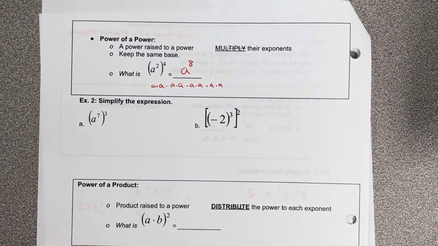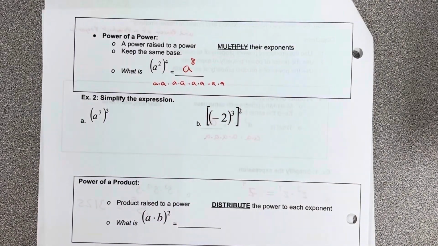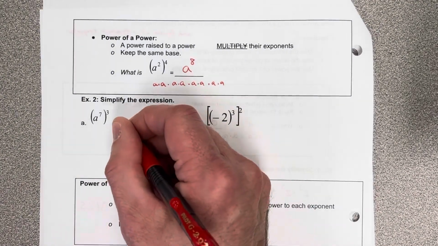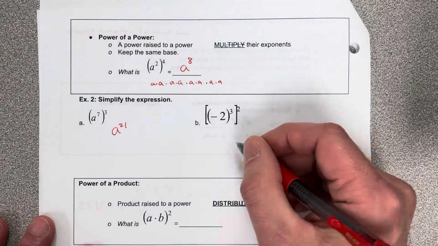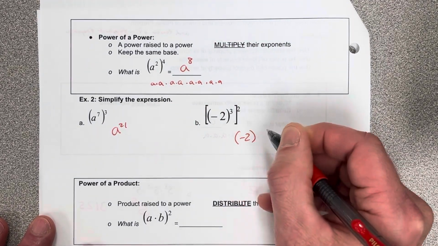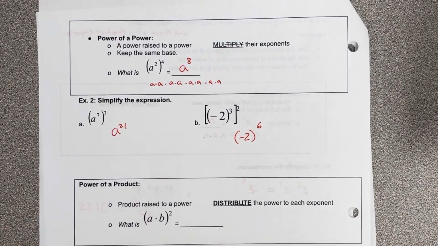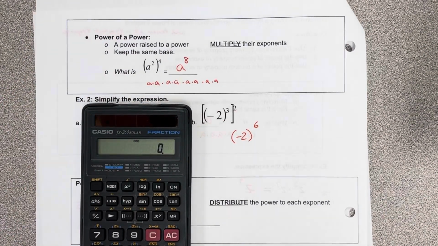Whenever you have power of a power, the powers are going to be right up against each other usually. You're going to multiply them together. So first example, A to the 21st. You're done quick. This one, parentheses, negative 2 to the 6th. Keep that parentheses there because it's going to get you the right answer. If you got a nicer calculator, you're going to have to do parentheses, negative 2 to the 6th power.